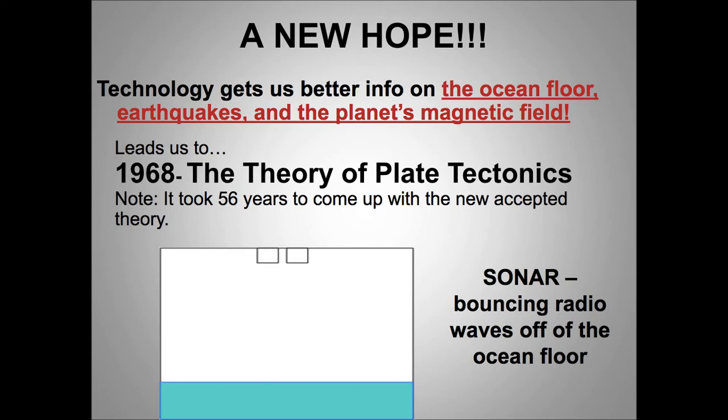And in 1968, the theory of plate tectonics is proposed. All right, and this brings Wegener's ideas and explains how it happens. All right, so ultimately he does get the last laugh, if you will. Okay, it just took time and it took some other people and some technology to get there.